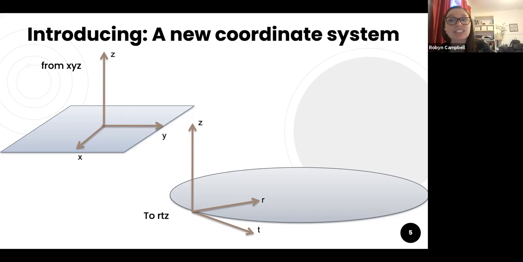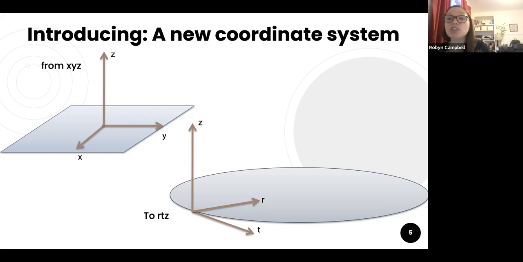T in this case is not time. I know it looks like it, but it's the tangential axis, motion tangent to the circle. And finally, we have the z axis, which is like the z axis in xyz. It's perpendicular to the plane that your circle is in.